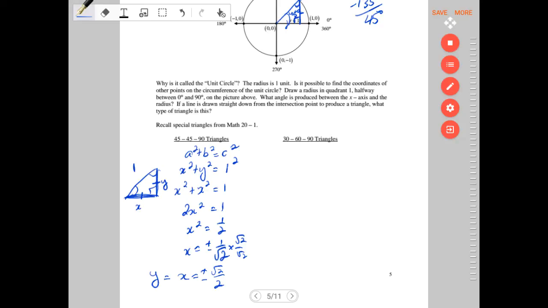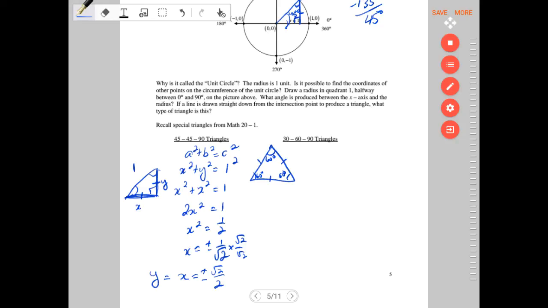Okay, good. Now, 30, 60, 90 triangles come from equilateral triangles to start with. Equilateral has all sides the same, and all interior angles also equal, and they measure 60 degrees, because 180 divided by 3 is 60.